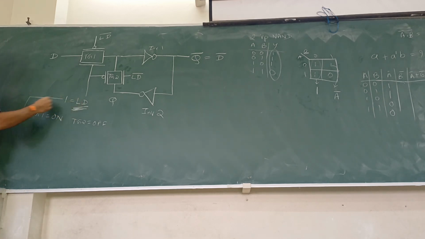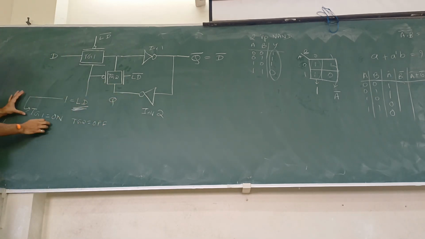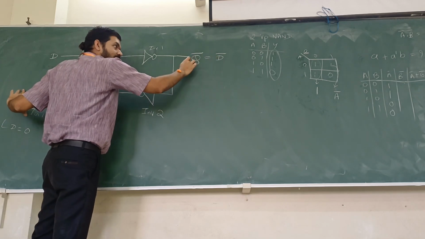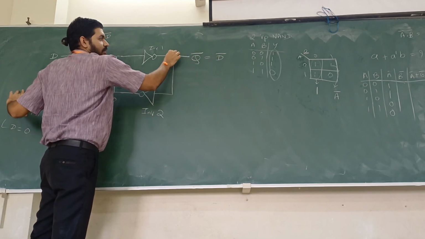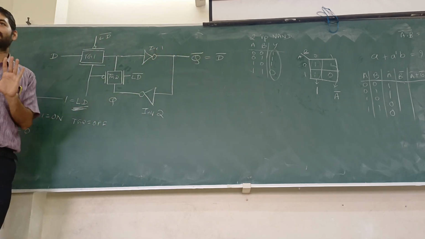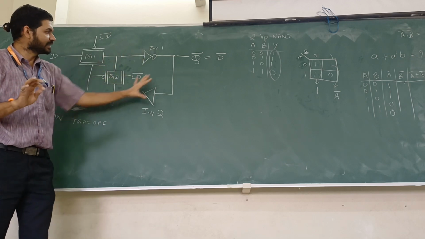Next, when LD becomes 0, at this point your D bar will be stored, or will be present. D bar stored means it is present unless and until I change it.